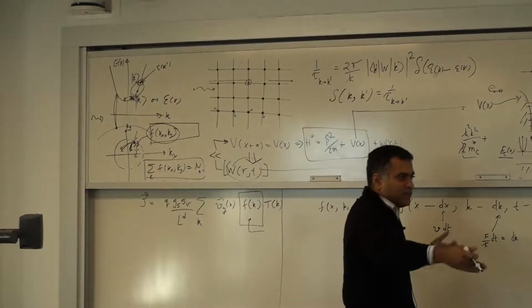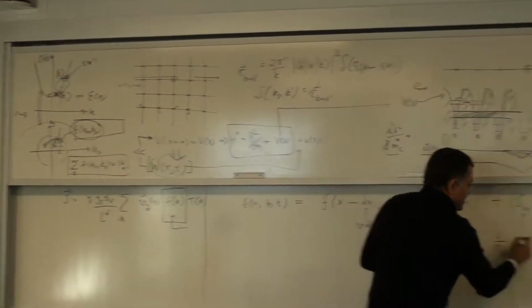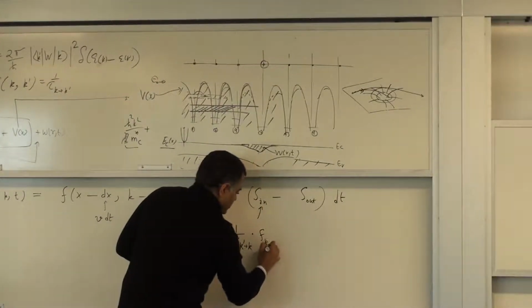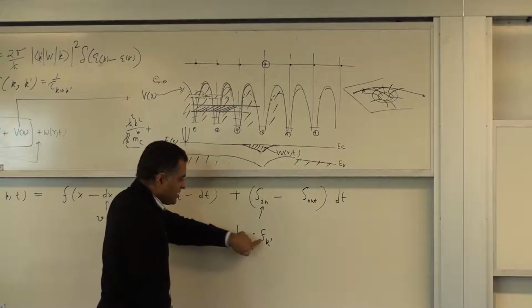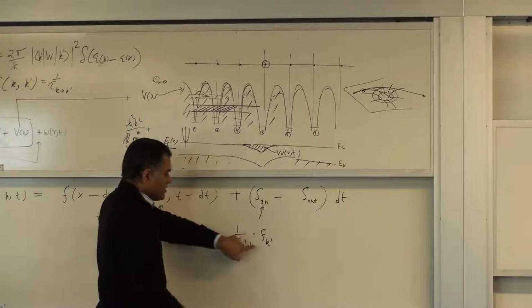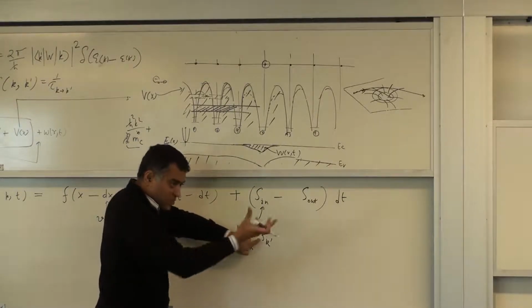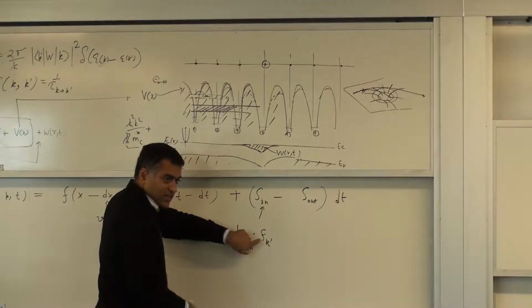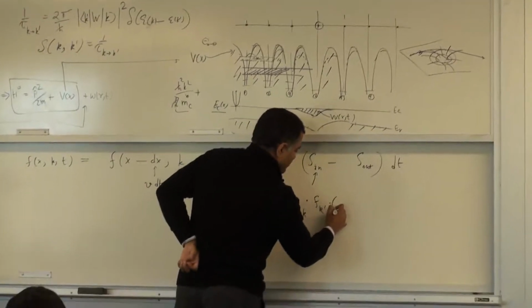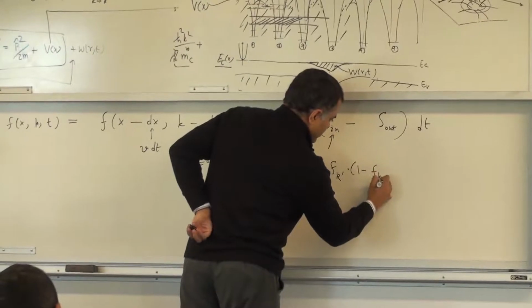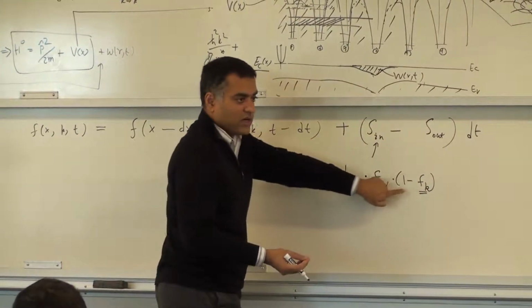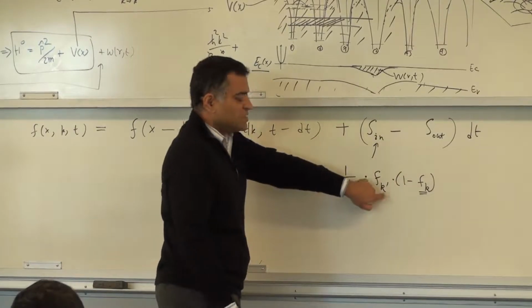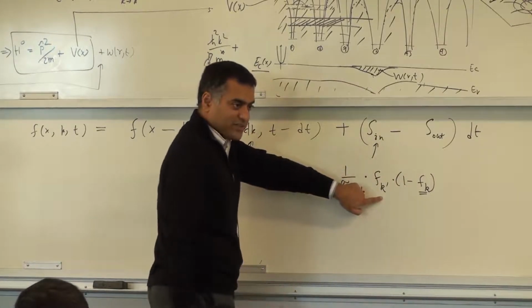Meaning not fully. If k prime is not occupied, you can't scatter in from there. If the occupation of k prime is 0, then there's no chance for the electron to even start there. There's no electron there. Similarly, if the final state is fully occupied, if f of k is 1, then you can't allow this to occur either. You can't fill with 2. So this is the way you weight it effectively.